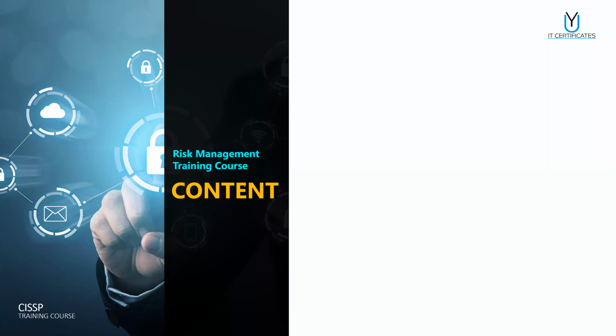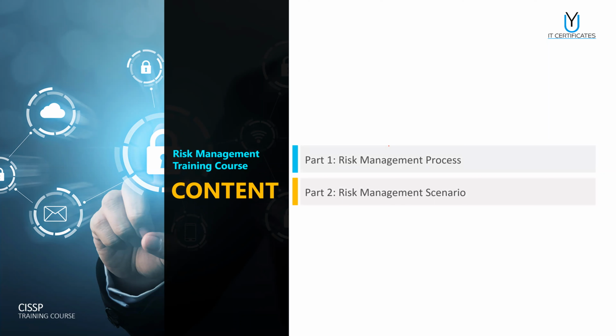This is our training course for risk management, and it will consist of two parts. The first part is the risk management process, and the risk management scenario will be part two. In the risk management process, we will cover the processes required by risk management and some technical information about the risk management basics and concepts.